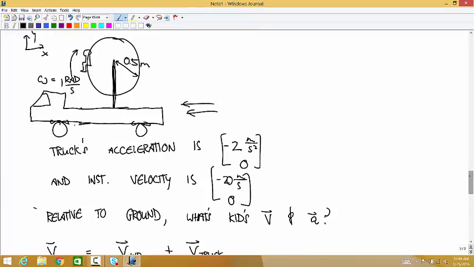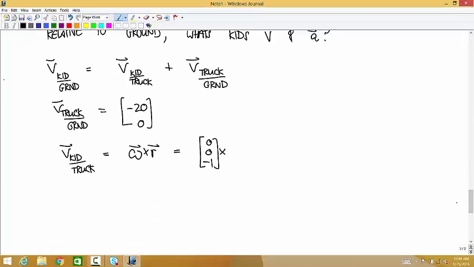It's in the negative x direction if the passenger's over here, right? That r is going from the center of the circular motion to the point you care about. So negative 0.5, 0, 0. And so you get a velocity vector of 0, positive 0.5, 0.